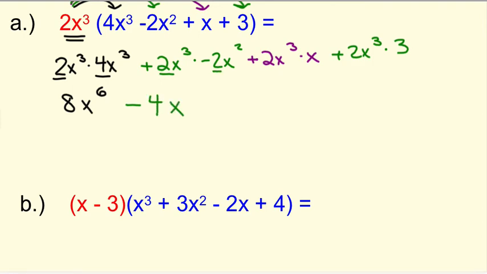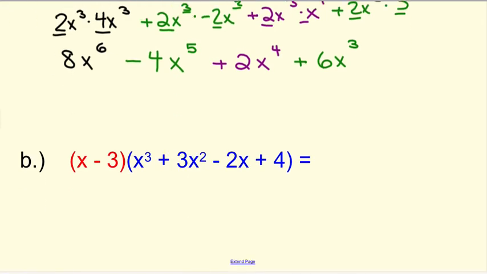X, the powers are 3 and 2, give us 5. Next one, plus 2 times 1 is 2. X, put a 1 there. Now you add those powers: 3 plus 1 is 4. Last piece, 3 times 2 is 6, x to the 3rd. So there is now your new answer in reduced form.